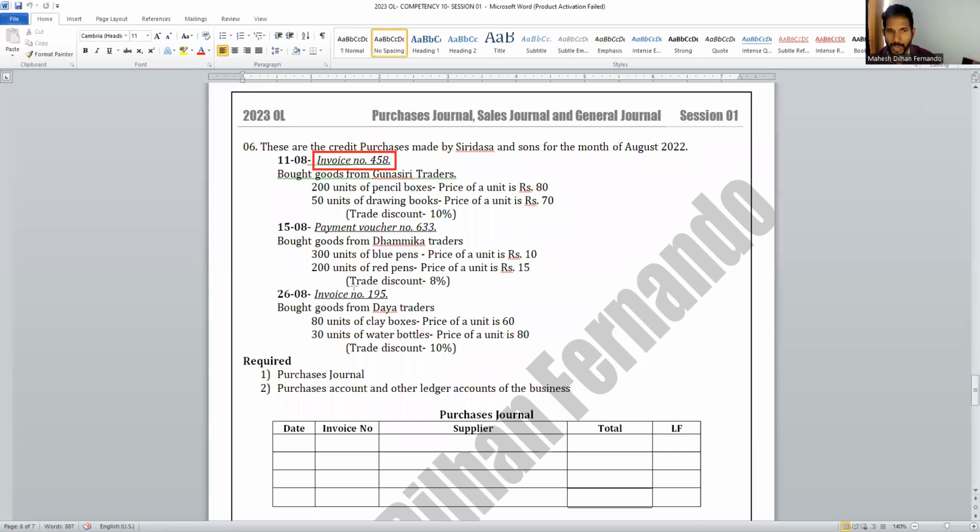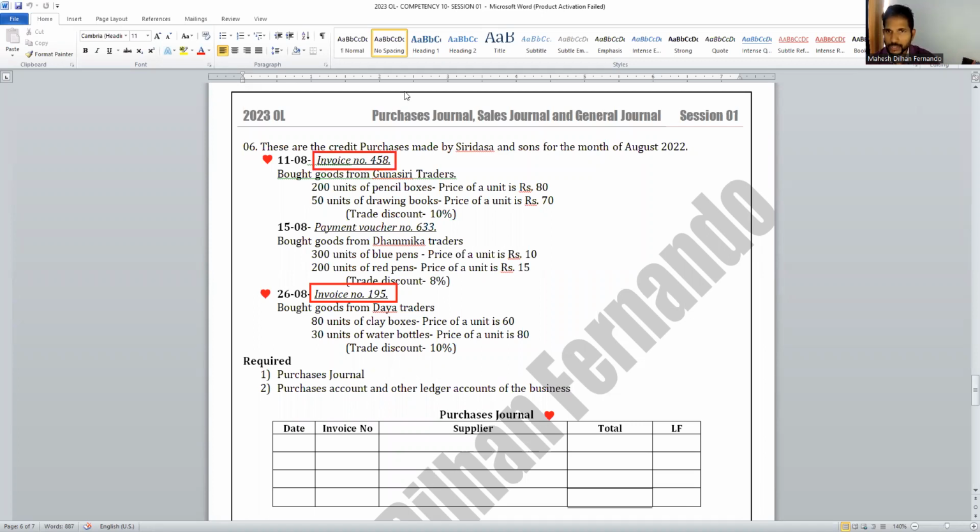And on 26th also, the source document is an invoice. Therefore, we can decide this is a credit purchase and this is a credit purchase too. So you can record both these transactions in the purchases journal.